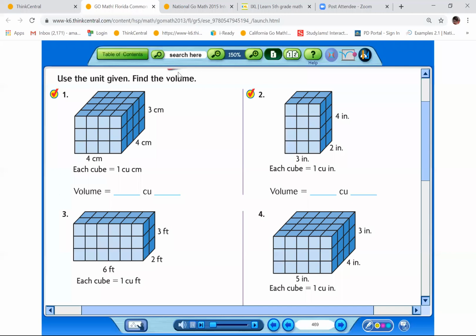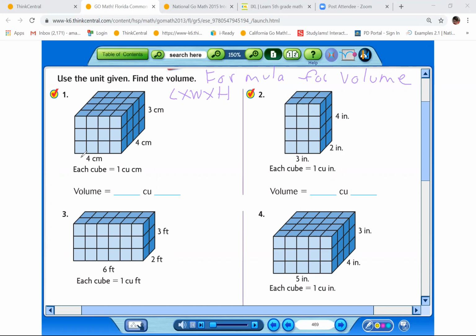So instead of counting all of these cubes, what we can do is we can use the formula. The formula for volume. And that formula is length times width times height.